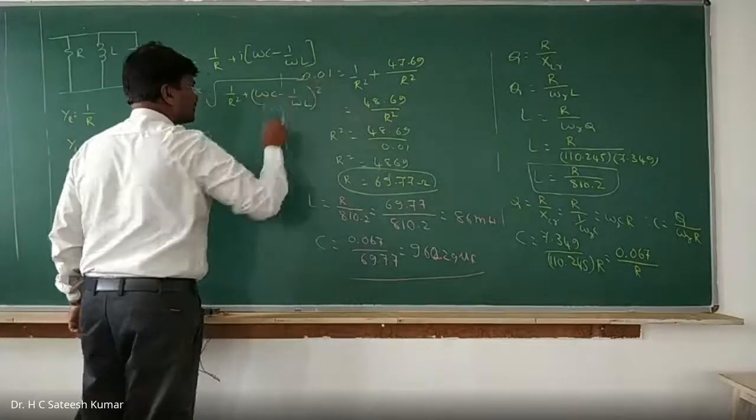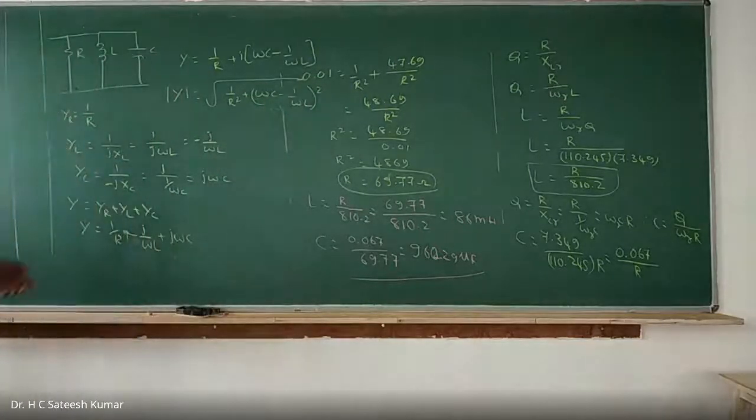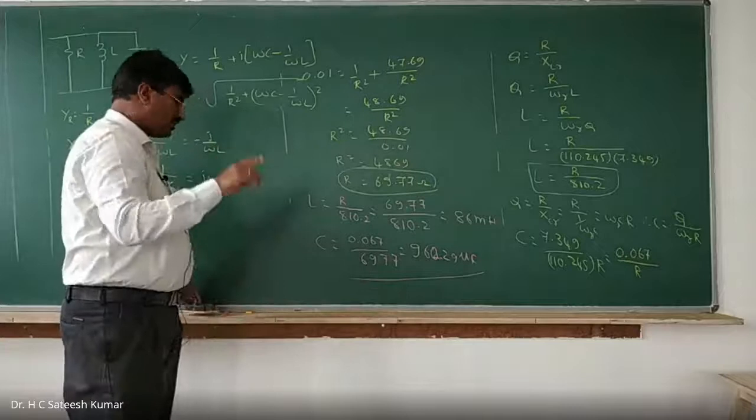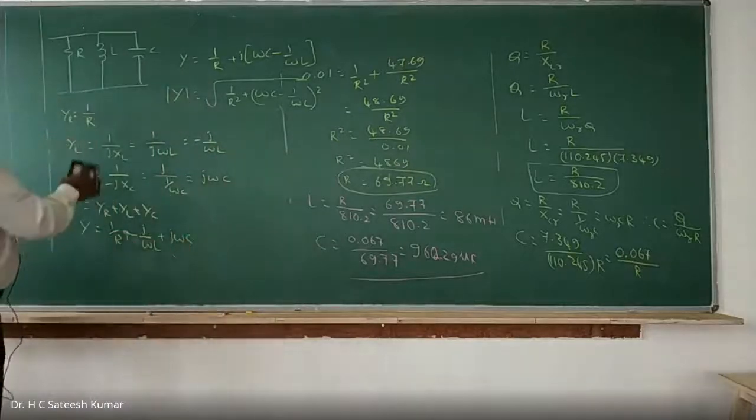That's how we got this relation, and this relation we have used. By mistake, I had taken it the other way around. That was the equation of the series circuit. That's how we should do it.